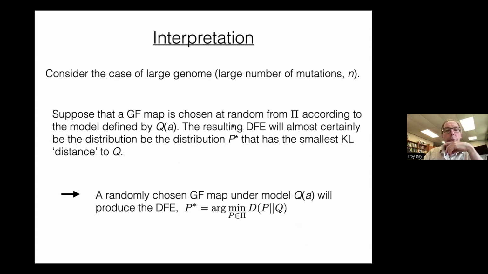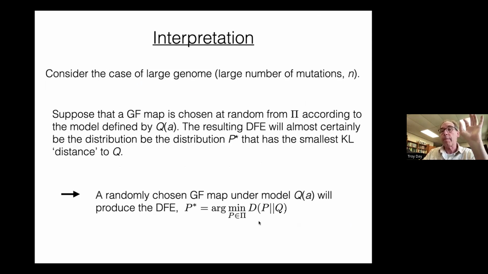And I'm choosing according to some model that's defined by this distribution Q. The resulting distribution of fitness effects that I get will almost certainly, meaning the probability will go to 1, be this particular distribution P star that has the smallest distance of all distributions within that subset to Q. So in other words, a randomly chosen GFE map under this model Q will produce a particular DFE, and it's the one given by this formula here.